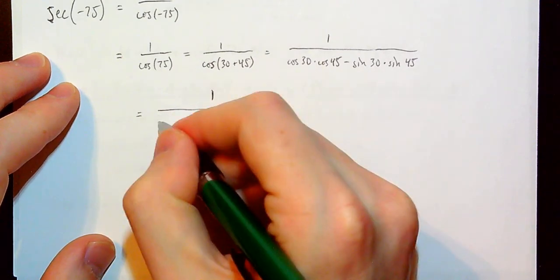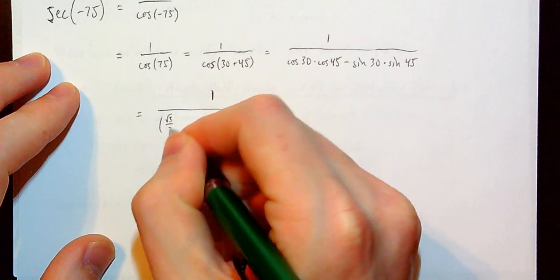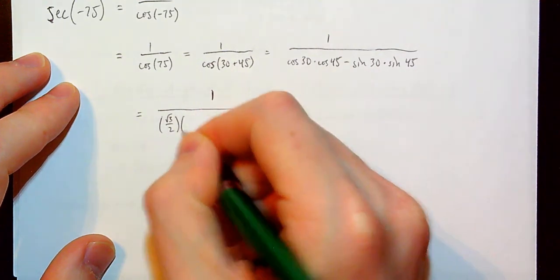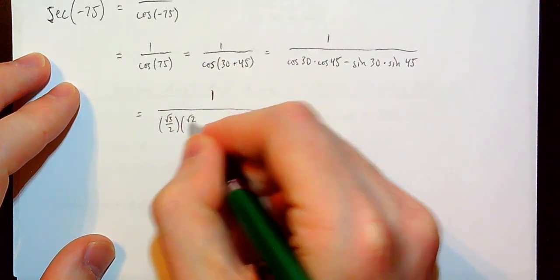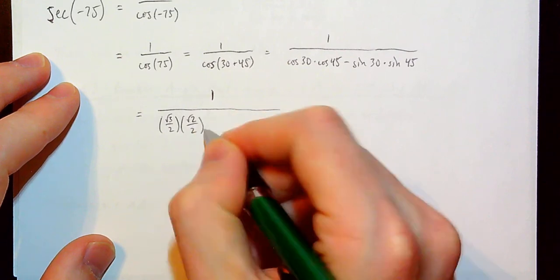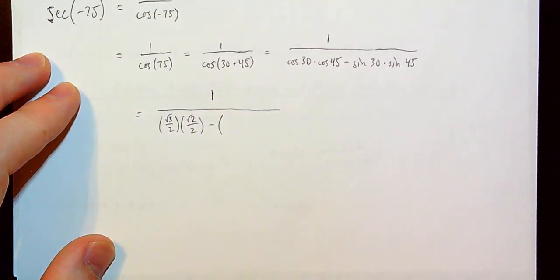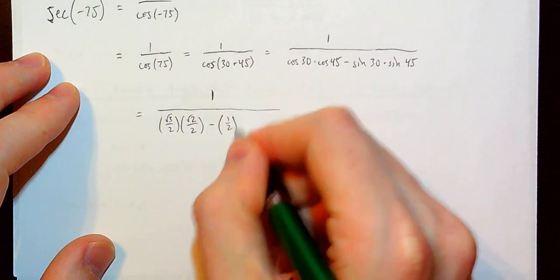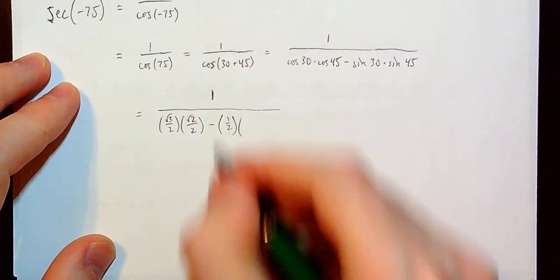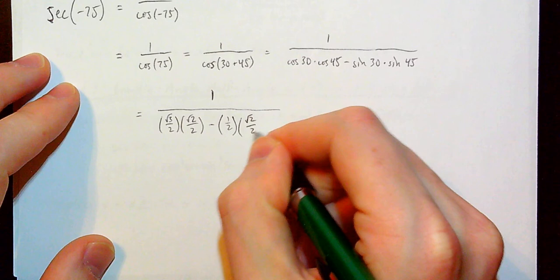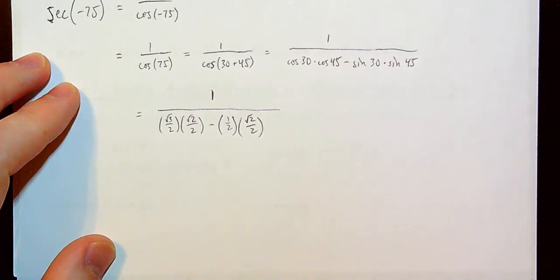Cosine of 30, radical 3 over 2. Cosine of 45, radical 2 over 2. Now we're doing minus. Sine of 30 is 1/2. And then sine of 45 is radical 2 over 2.